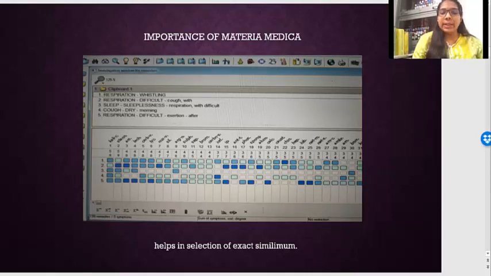Once you repertorize a case, you get n number of remedies, and with that you can study the remedies in materia medica using Boericke, Allen's keynotes or concordant materia medica, right? And then reach the exact simillimum. So that will get you great results.